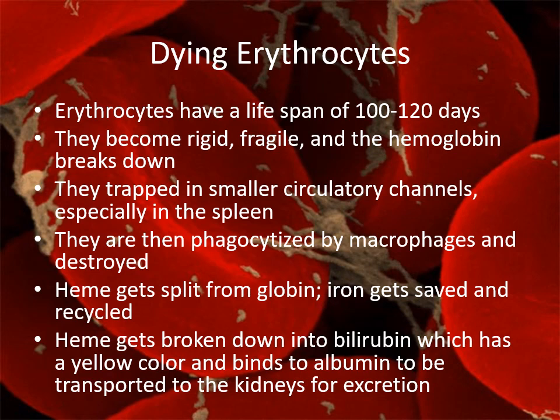However, your body is really good at recycling things that it needs. So the heme that was in the hemoglobin is going to get split from the globin. The iron is going to get saved and reused when new red blood cells get made. And the heme, that pigment, is going to get broken down into bilirubin, which has a yellow color, and it's going to bind to the albumin that we see in the plasma of the blood, and there it can be transported to the kidneys for excretion.